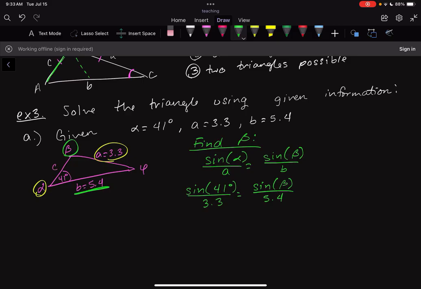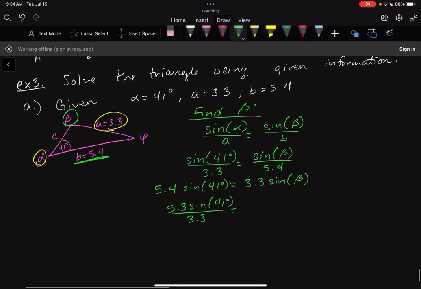I'm going to do cross multiplying first. So I get 5.4 sine 41 degrees is equal to 3.3 times sine of beta. Now I'm trying to solve for beta, so I'm going to get sine of beta alone. That means I'm going to divide by 3.3. So I get 5.4 sine 41 degrees over 3.3 is equal to sine beta.